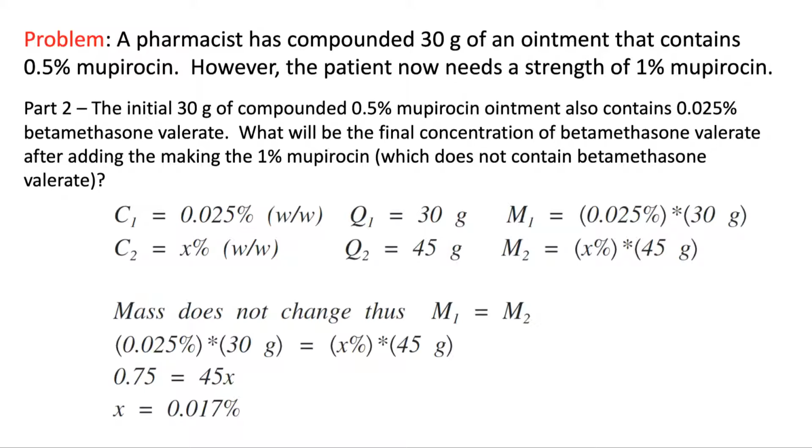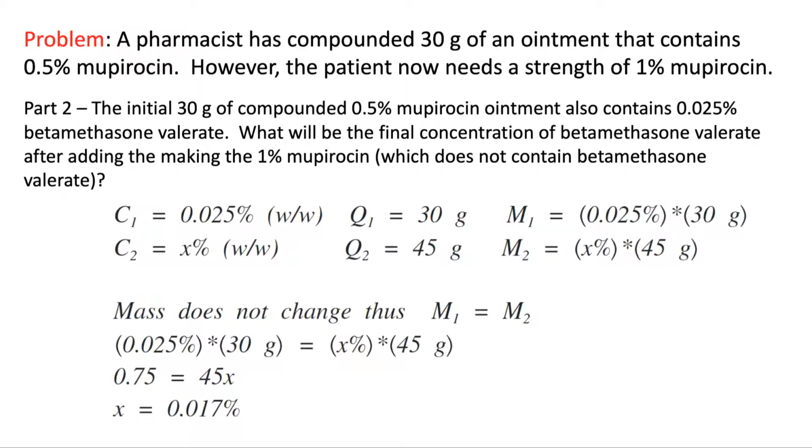Let's use the first, C1Q1, to be what we had in the beginning, before we added any additional mupirocin. The concentration 1 was 0.025% weight per weight, and what we had in that original ointment was 30 grams. So our mass 1 was 0.025% times 30 grams.